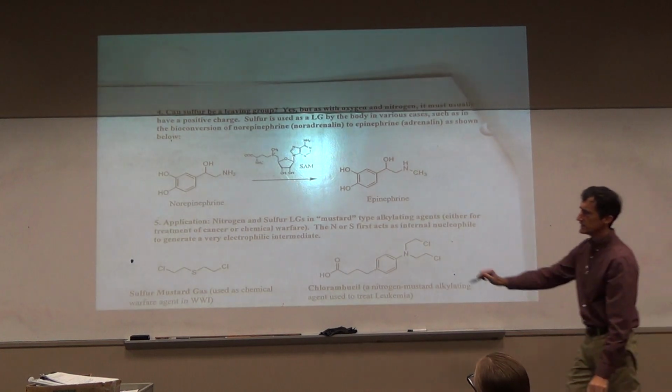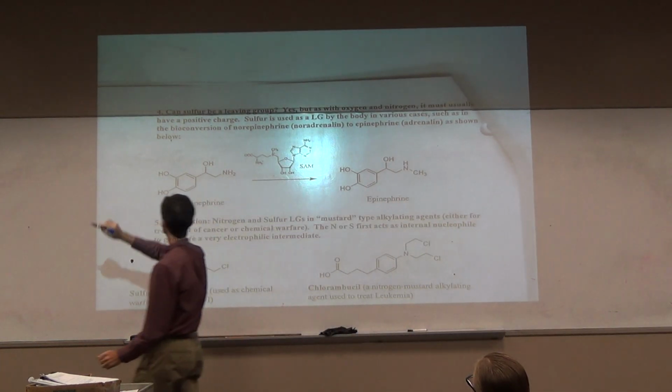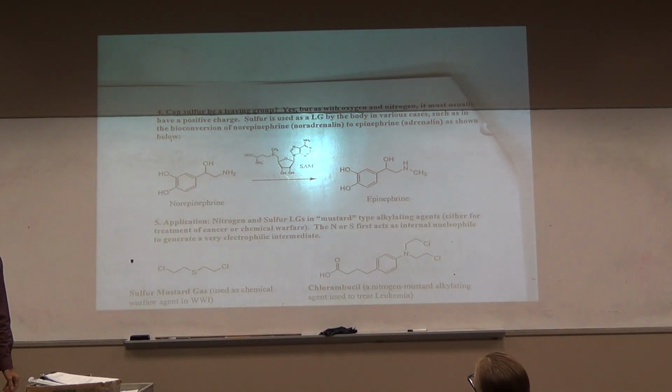Okay, what other atoms could be leaving groups? What about sulfur? Can sulfur be a leaving group? Yes, but just like oxygen and nitrogen, typically only if it's made positive. Actually, your body uses sulfur as a leaving group a good bit. The body also uses sulfur as a nucleophile a good bit.